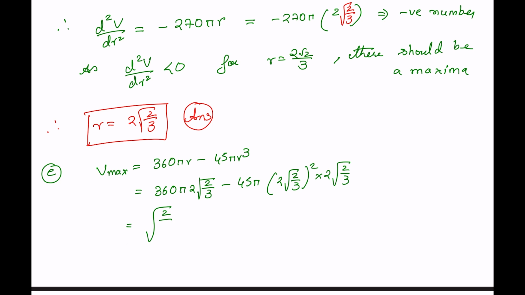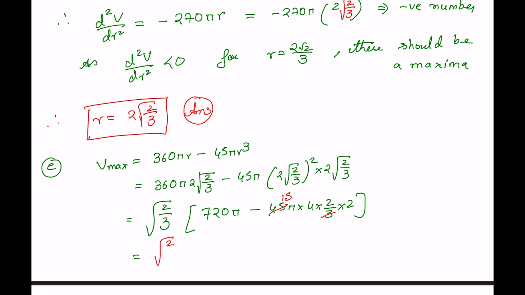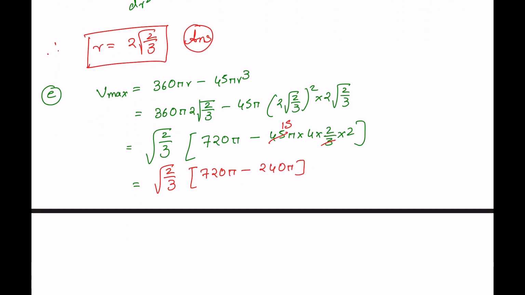If I take root under 2 by 3 as common, 360 times 2 is 720 pi, and this will be 45 pi times 2 to the 4 times 2 by 3, and then we have a 2 here. Overall, if I cancel these two, make it 15, it becomes root under 2 by 3, 720 pi. 15 times 4 is 60, 60 times 4 is 240, so 240 pi. So 720 minus 240 is 480. So it's 480 pi root under 2 by 3. That's my final answer. So the maximum volume would be 480 pi root under 2 by 3.